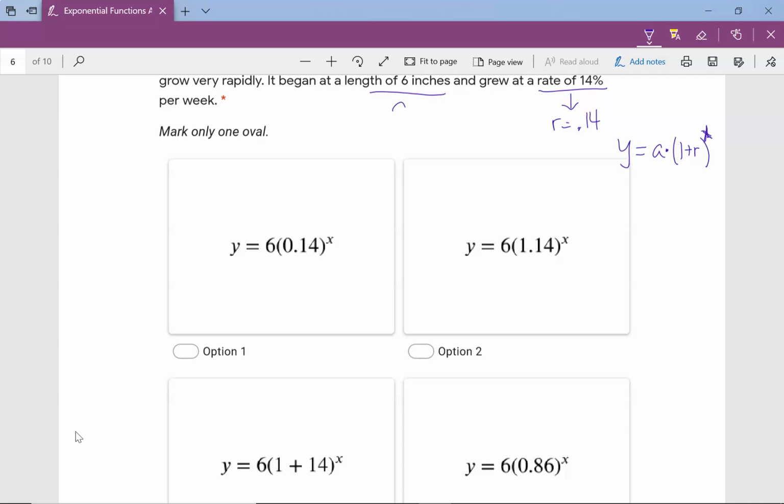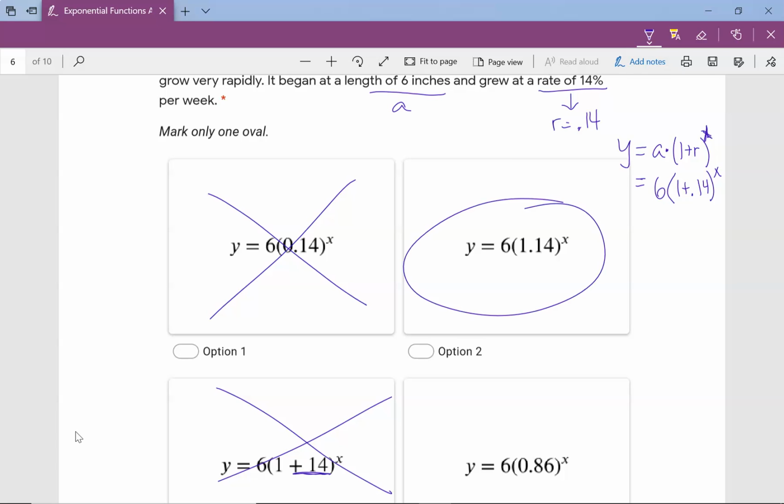A being our initial value, so that's going to be 6. 1 plus 0.14. Well, that will eliminate this answer choice. And it has to eliminate this one too, because this just says 1 plus 14. They forgot to turn the 14 into a decimal. 1 plus 0.14 gives us 1.14. So option 2 is our answer there.